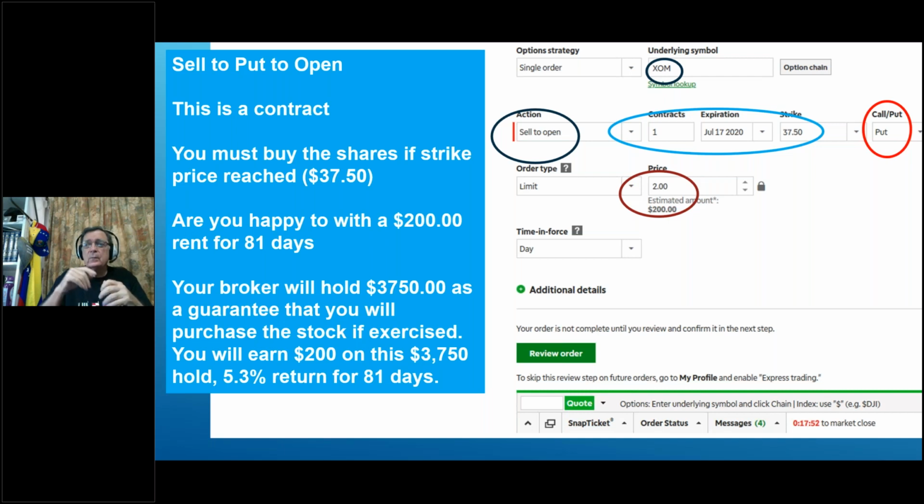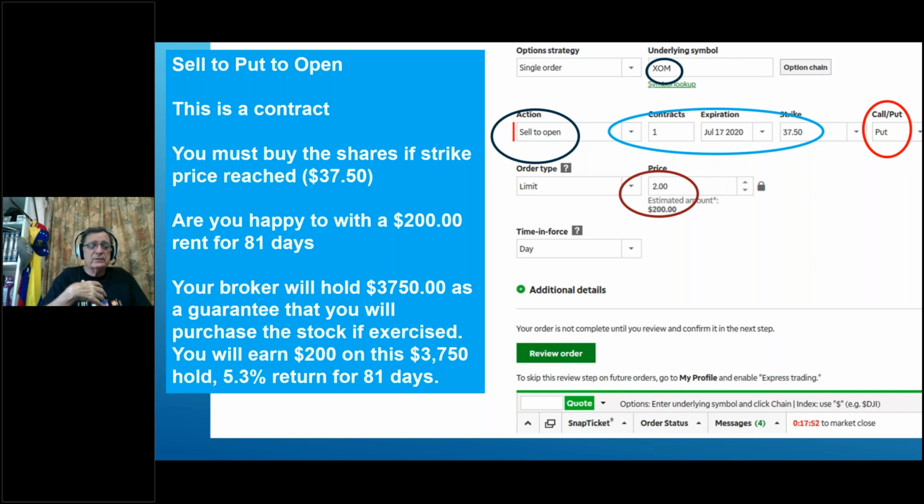Okay? Now, the question is, am I happy to earn 200 bucks in 81 days on this amount of money? Well, let's have a look. Remember, during this period of time, since I do not own the shares, the broker's going to hold $3,750, because that's 100 shares times 37.50.